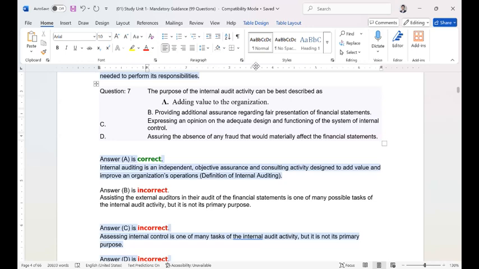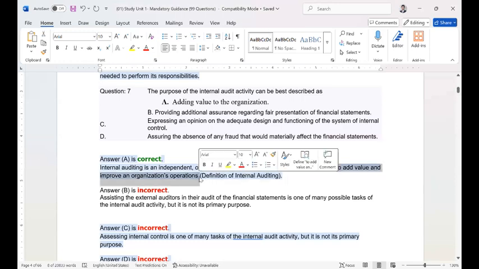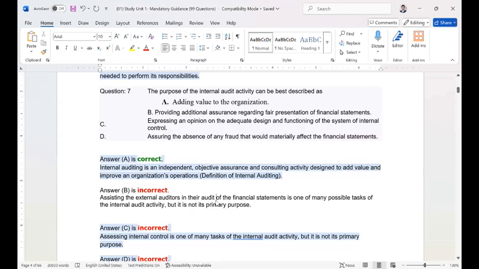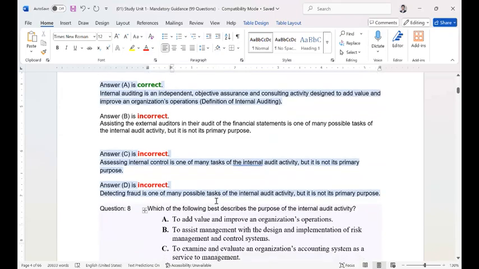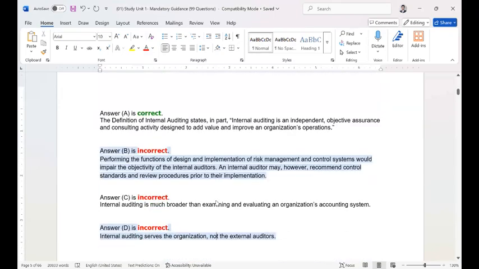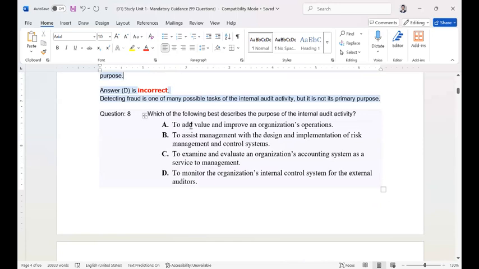It's to add value and improve an organization's operations. That seems to be the overarching aim of internal audit. Even in the next question, it says to add value and improve an organization's operations. Now, all these are also correct.